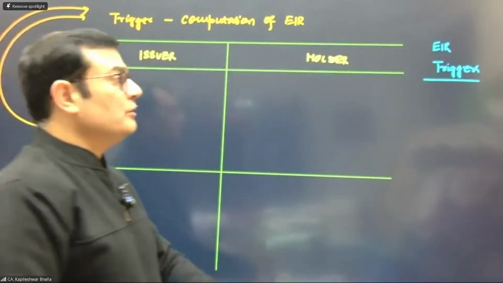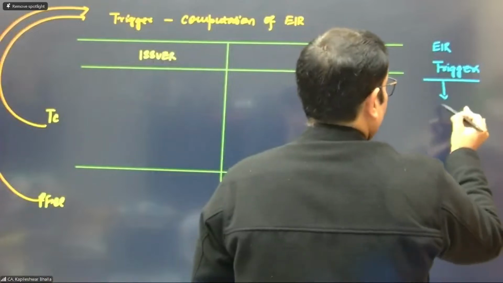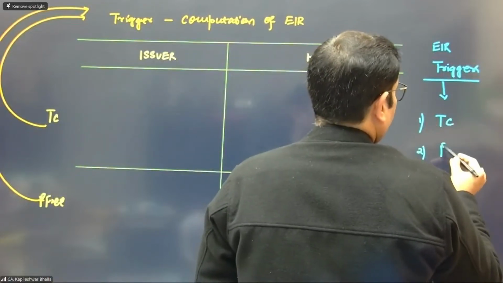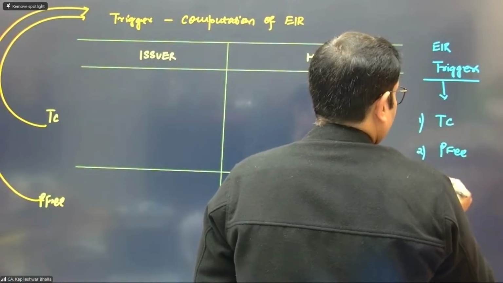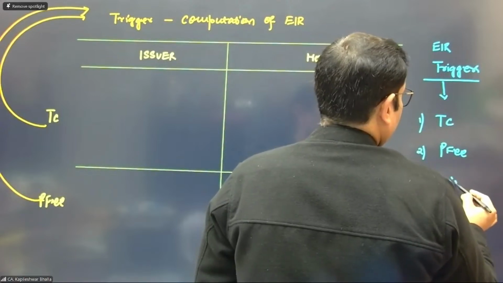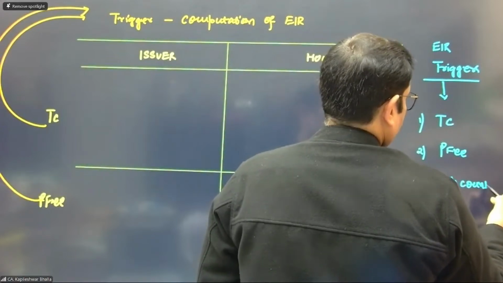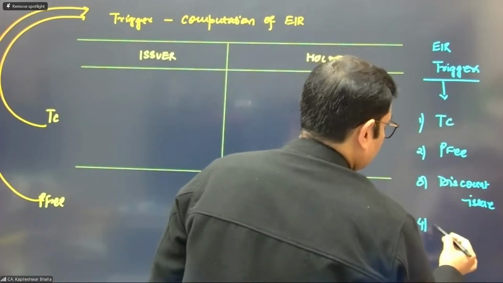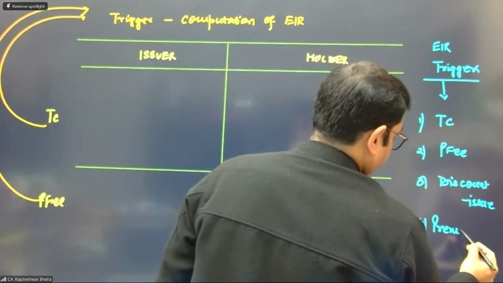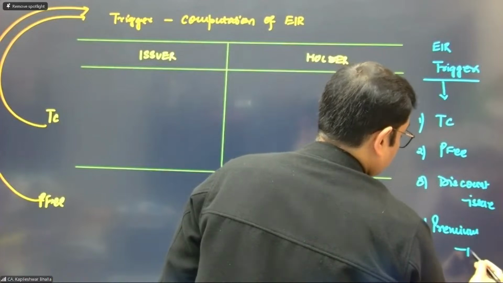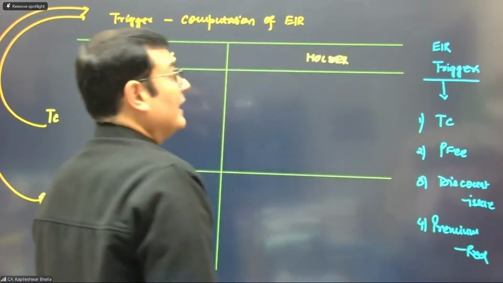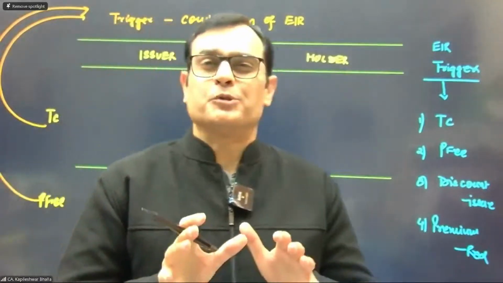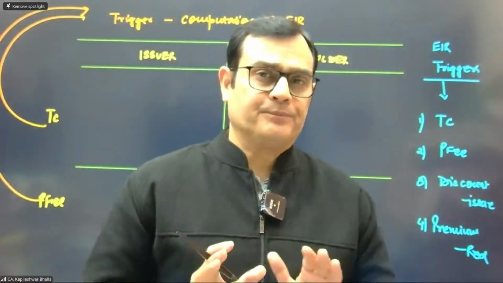The moment you do a question and you identify that there is a TC, or a processing fee, or a discount at the time of issue, or a premium on redemption, you should immediately reach the conclusion that you would need an effective interest rate. That's one thing which should immediately click in your mind.